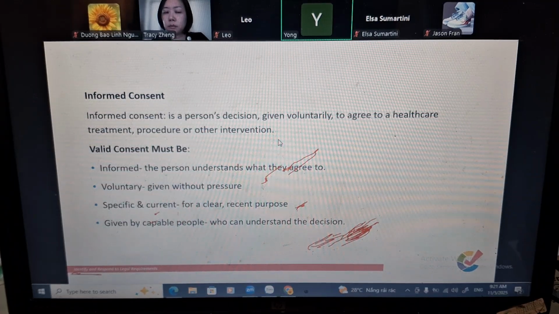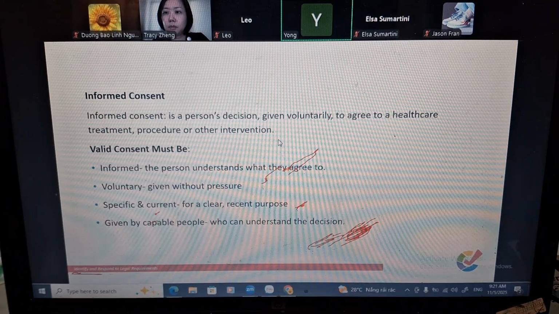I think due to physical condition, they sometimes can't control themselves and don't really know what they're doing. Yeah, so because they have cognitive impairment, they are unable to make proper or right decisions for themselves, right? So definitely they are not capable people for giving informed consent.